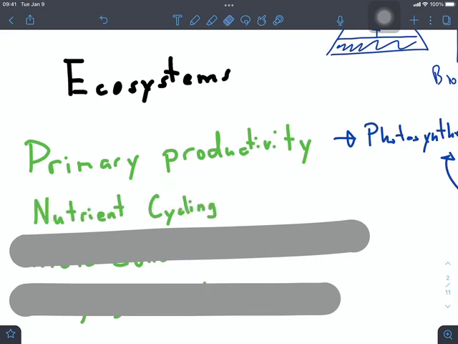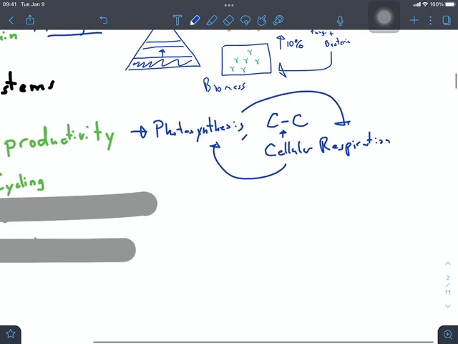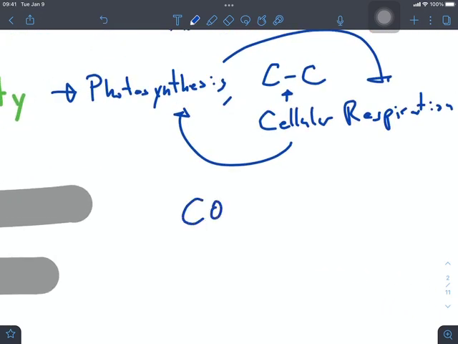Nutrient cycling is how elements go from one state to another. Carbon in our environment begins as inorganic carbon dioxide, then through the process of photosynthesis gets converted into sugar, and then in the process of cellular respiration will get converted back into carbon dioxide.